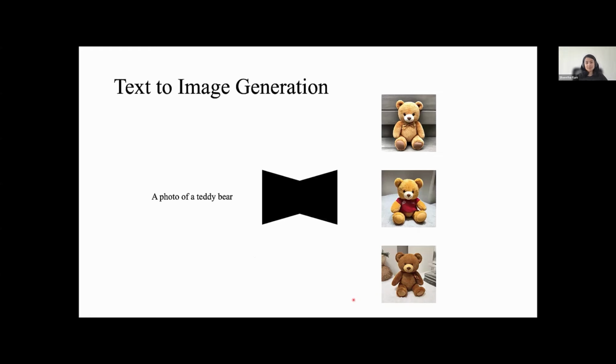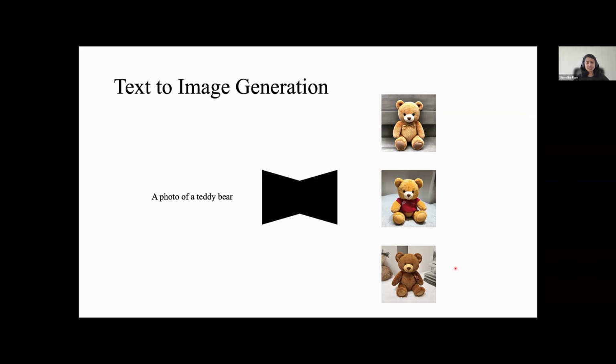Okay, so by now, we are all familiar with text-to-image generation. Given a prompt like a photo of a teddy bear, models like Stable Diffusion can synthesize realistic images of whatever we asked for. For example, here you see multiple teddy bears, and notice that each teddy bear is different, and each time we get a different teddy bear.